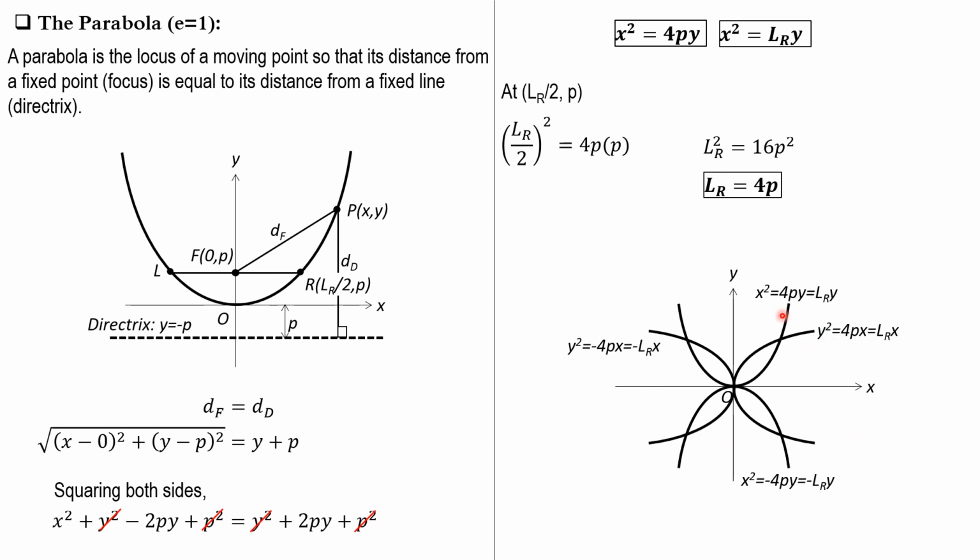Now, for parabolas with vertex at (h, k), not necessarily at the origin, those are the next parabolas that should be generalized for their standard equations. If it is open upward and the vertex is at (h, k), then x is replaced by x minus h, originally x squared or (x minus 0) quantity squared.